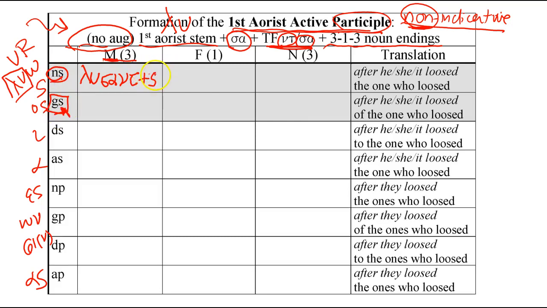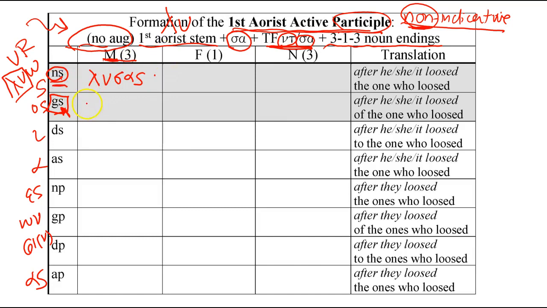But what happens when you add the sigma to the nu tau tense formative is that these drop out, and the final form looks like this: lusas, and that's the form that's slightly unexpected for the nominative singular masculine form.